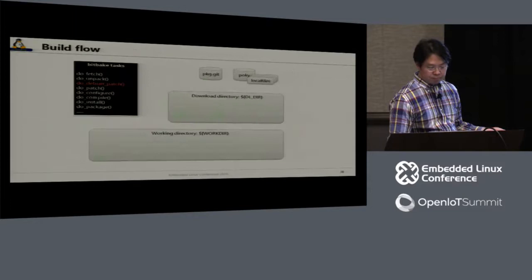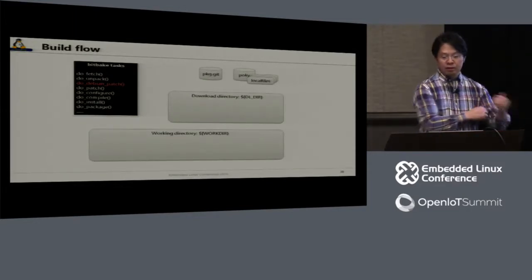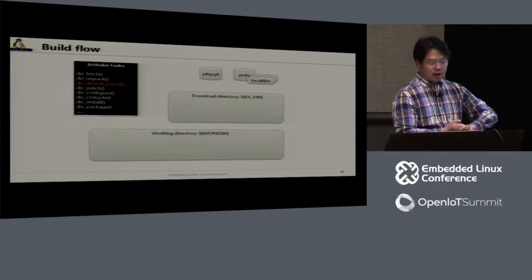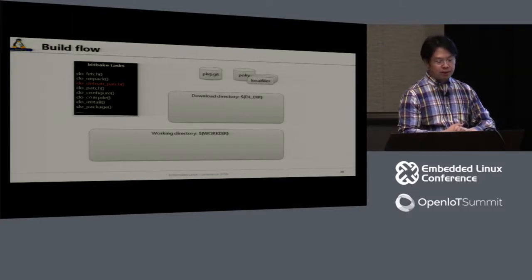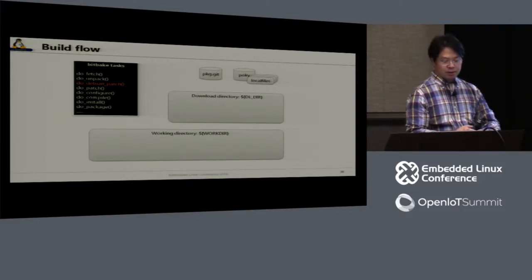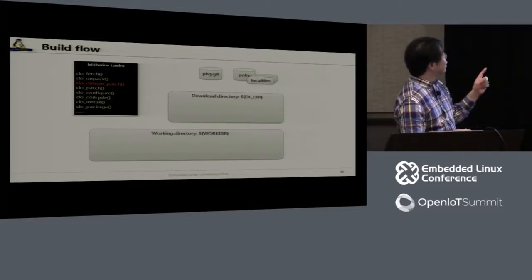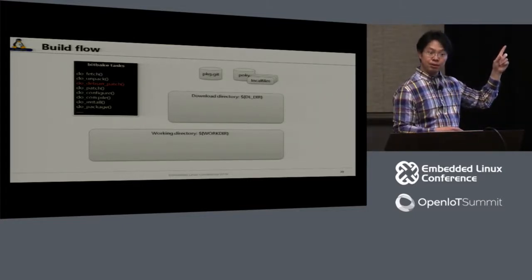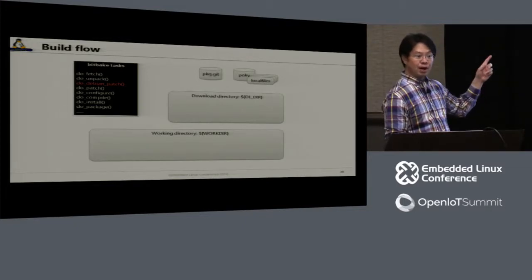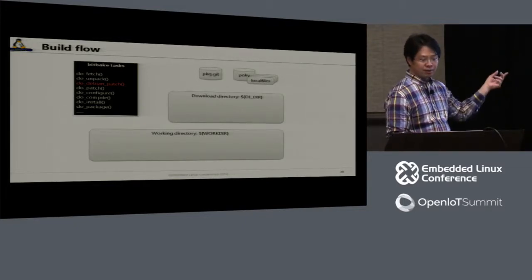And the following slide shows how to build this kind of package. At first, usually Poky fetches the source code from a specific URI, then unpacks it. After that, we apply Debian patches. So the first one is fetch.